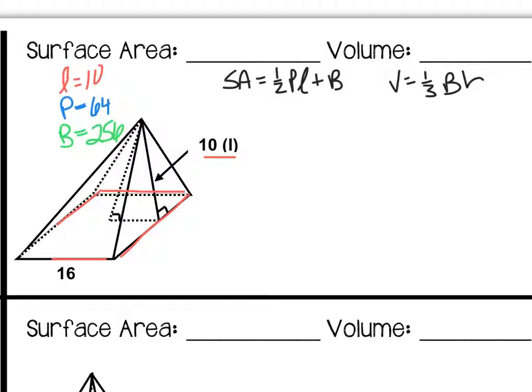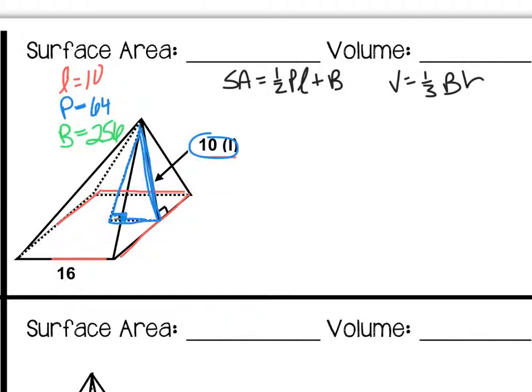And now, for my formulas, I also need my height. For my height, we're going to look at this triangle right here, and pay attention that my right angle is on the inside. So my hypotenuse is 10.